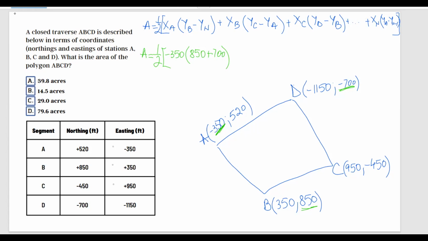Okay, next we're going to have plus XB, which is this guy over here, 350. Multiplied by, and now what's happening? YC, we're moving forward with the YC, which is minus 450, minus YA, 520.